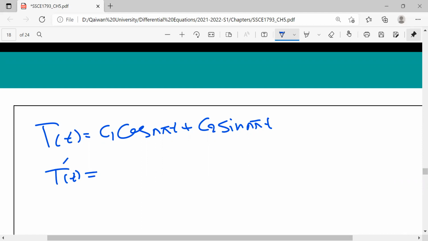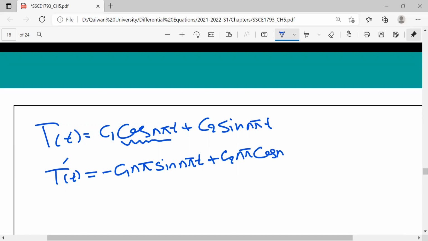T prime of t equals, the derivative of cosine becomes negative sine, so negative C1 times n pi sine n pi t, and the derivative of sine is cosine, plus C2 times n pi times cosine n pi t.